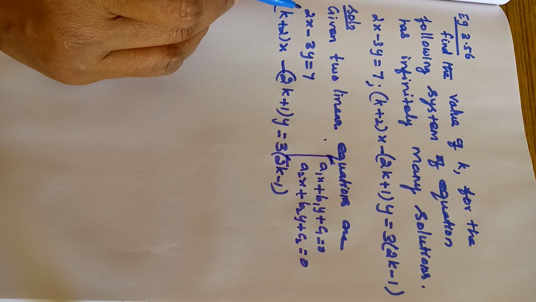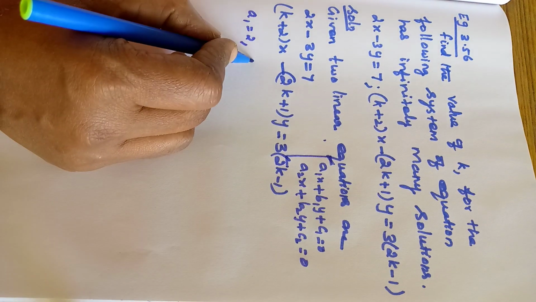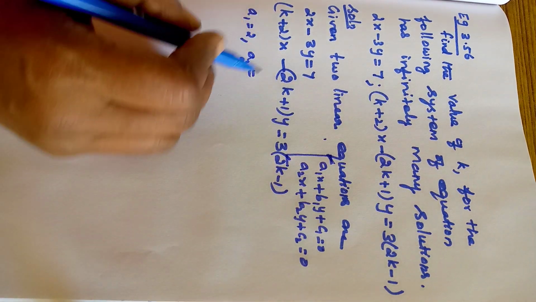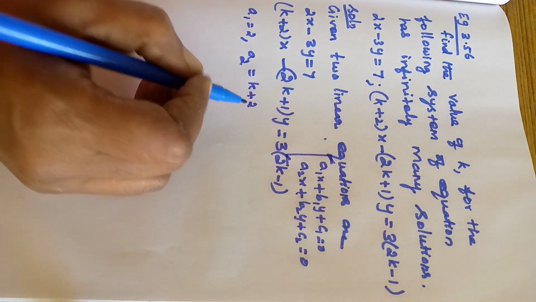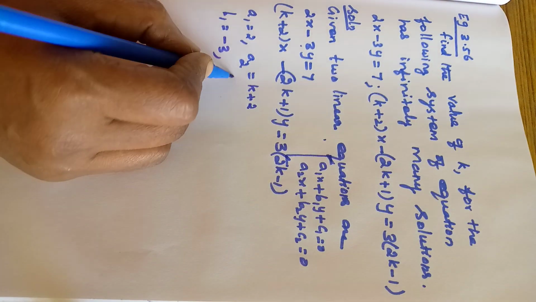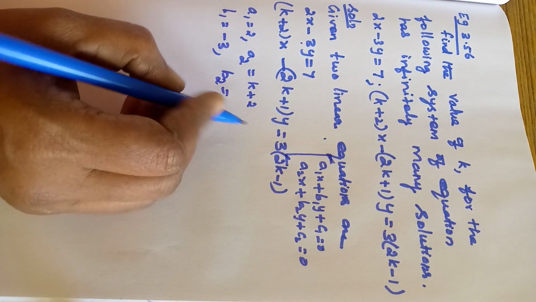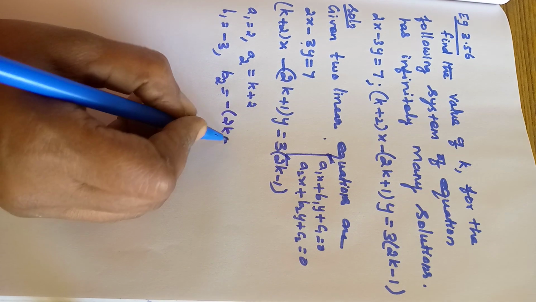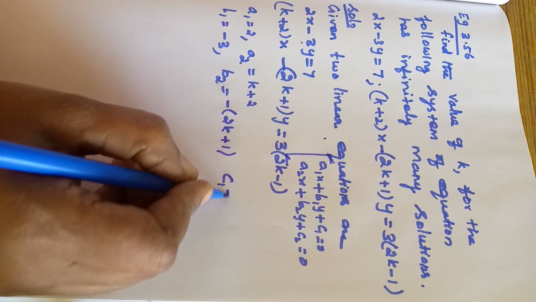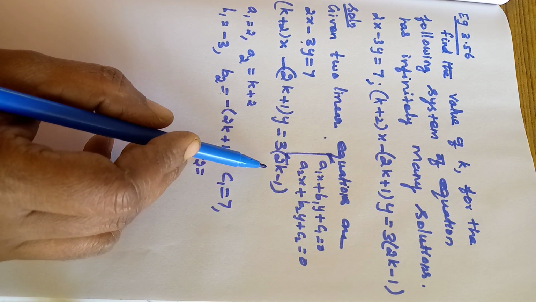Here a1 is equal to 2, a2 is equal to k plus 2, b1 is equal to minus 3, b2 is equal to minus of (2k plus 1), c1 is equal to 7, c2 is equal to 3 into (2k minus 1).